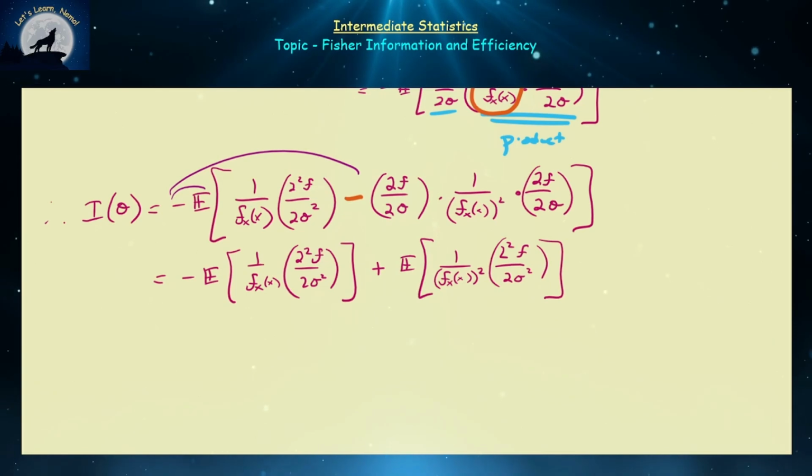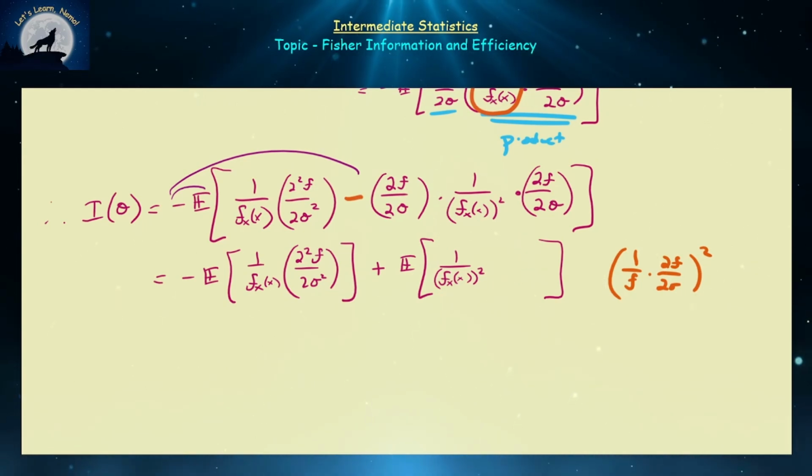Now you should notice that this is the same as 1 over f times partial f partial theta, the quantity squared, which is the definition of the score function for theta.